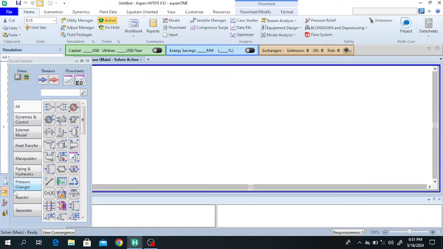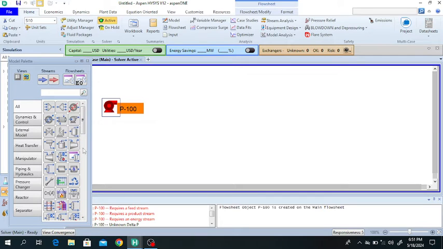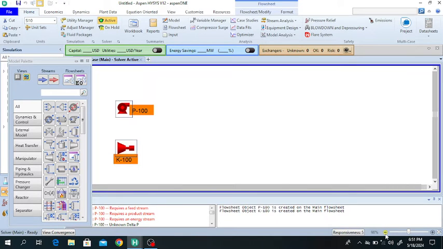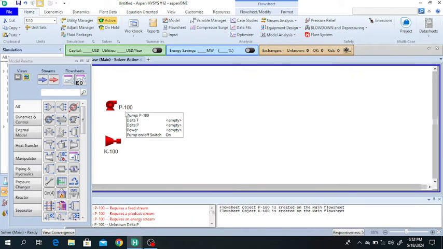There is various equipment used for the preparation of maleic anhydride in industries. First of all, this is a pump, this is a compressor, pump, compressor, and the third one is the heater.